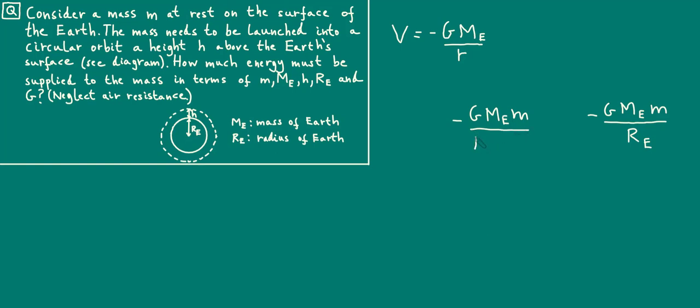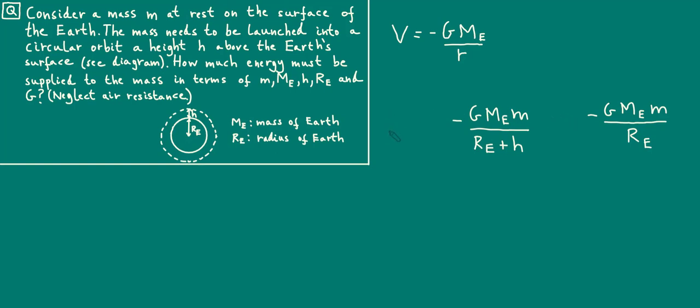The distance now is the radius of the Earth plus this extra height h above it. And what we're interested in here is the change or the difference in these gravitational potential energies.